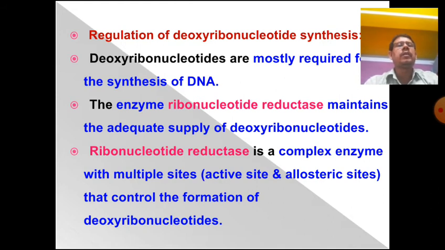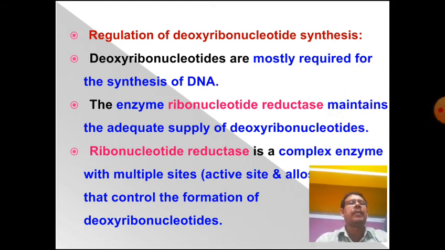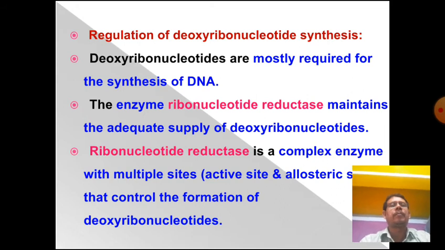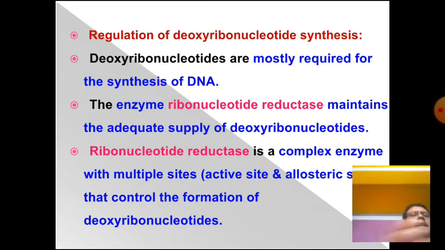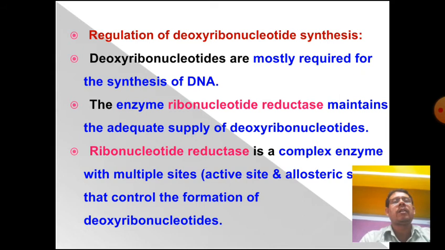The regulation of deoxyribonucleotide synthesis. The regulation, this is very important. Every reaction, every pathway can be regulated, otherwise it will be a problem, not only in your metabolic reactions but also in your life. There must be regulation, otherwise it will not be under control.